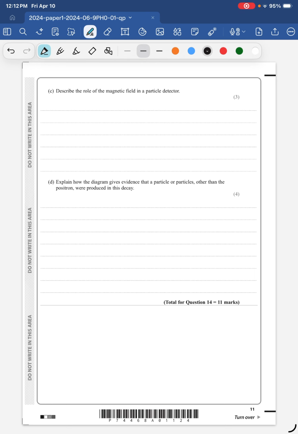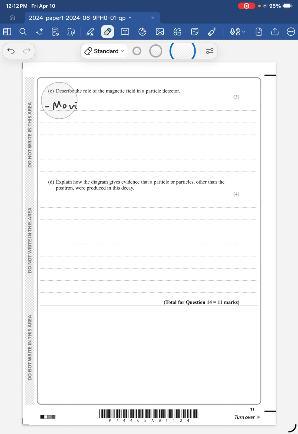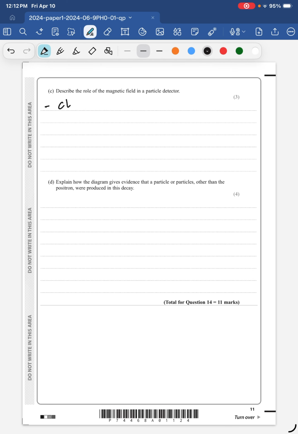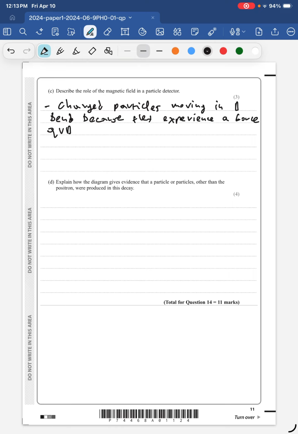Part C, describe the role of the magnetic field in a particle detector. So let's write it. First of all, charged particles moving in a magnetic field B bend, because they experience force QvB.